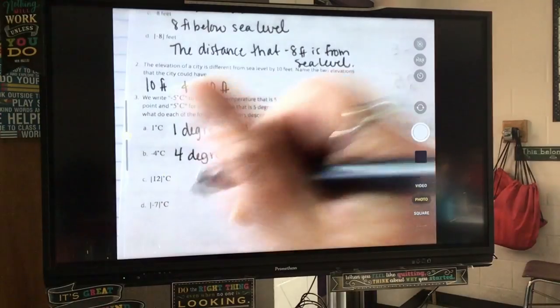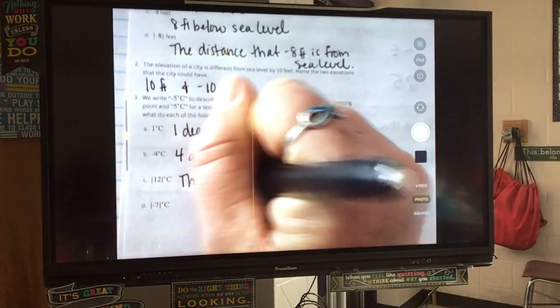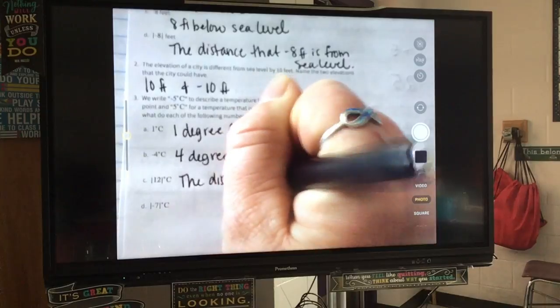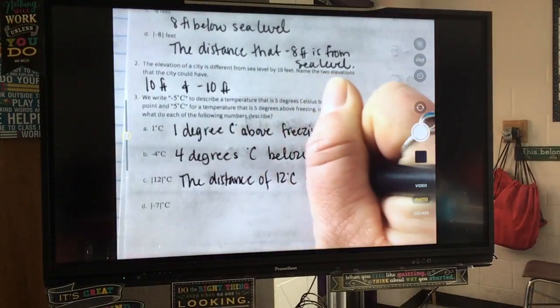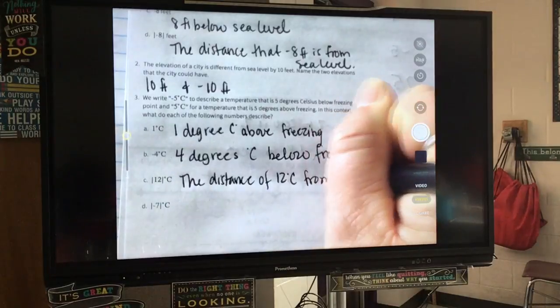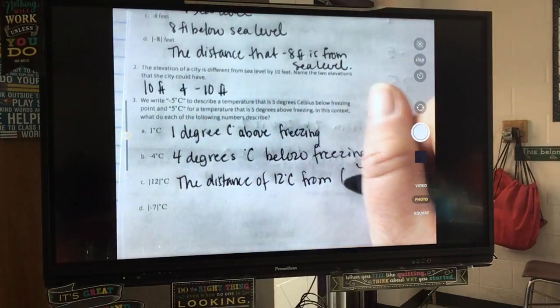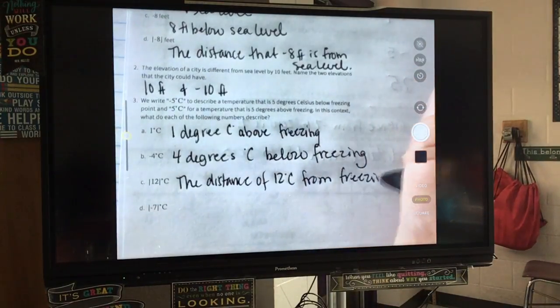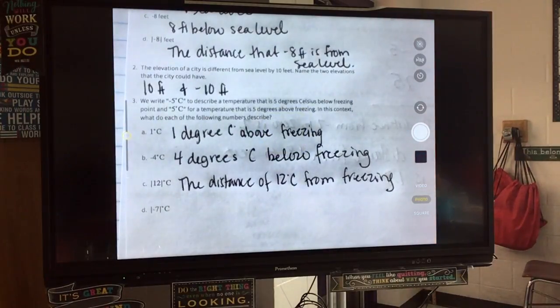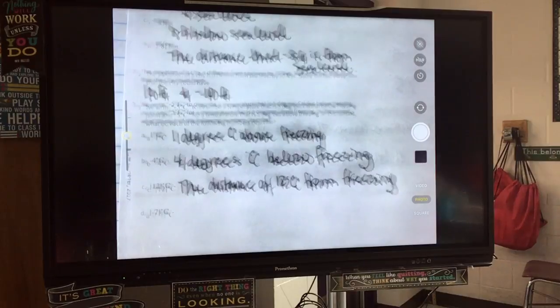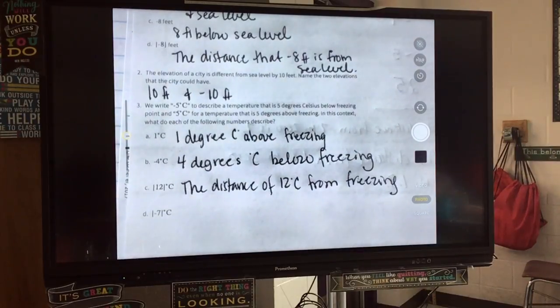So what you're trying to say is the distance of 12 degrees Celsius from freezing? Do y'all understand that? As long as y'all understand it, that's all that matters. Not saying you're wrong, it just sounds weird to me.